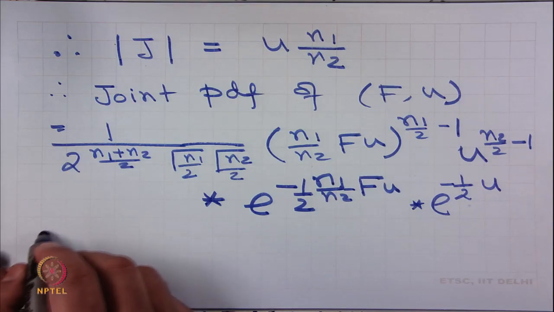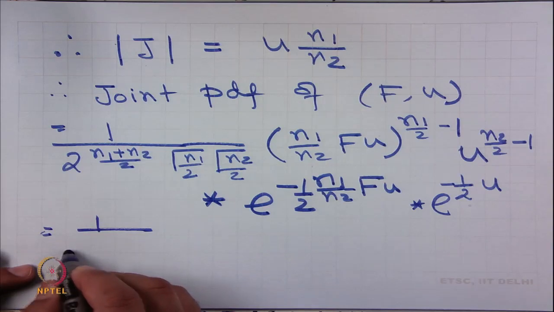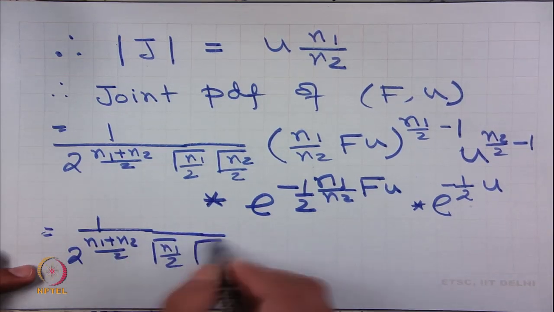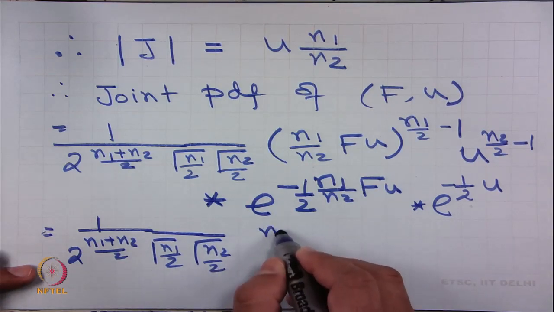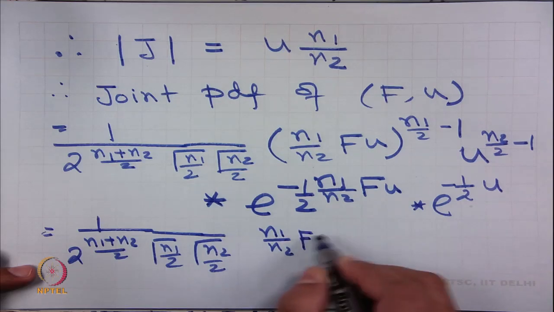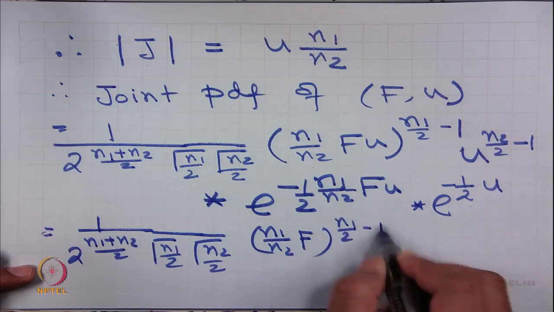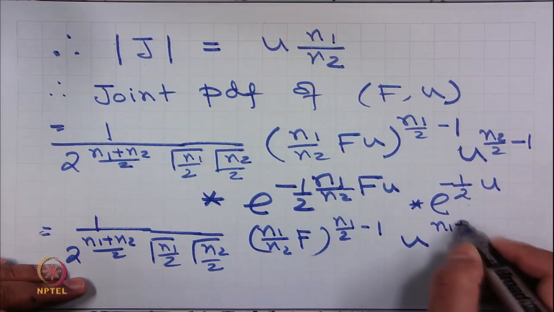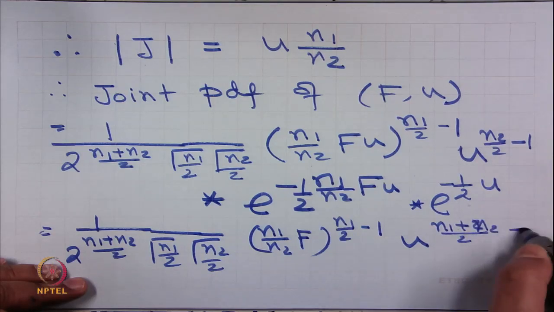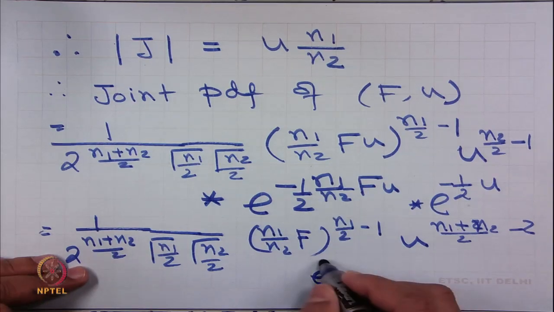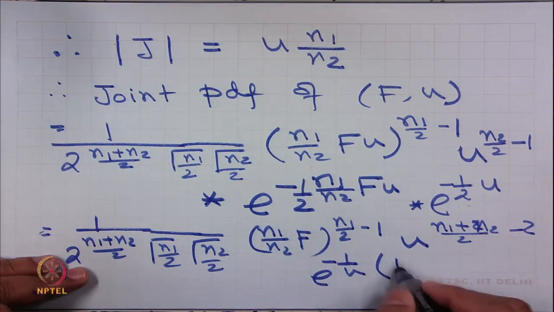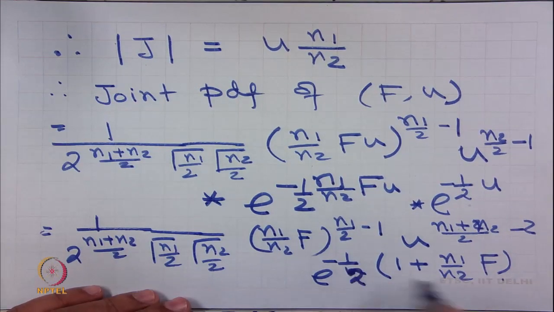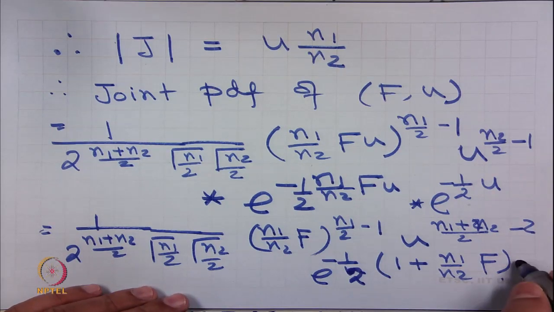So, this becomes 1 upon 2 to the power n1 plus n2 by 2, gamma n1 by 2 gamma n2 by 2, n1 upon n2 f to the power n1 by 2 minus 1, u to the power n1 plus n2 by 2 minus 2, e to the power minus half u into 1 plus n1 upon n2 f, that is e to the power minus half 1 plus n1 by n2 f into u.